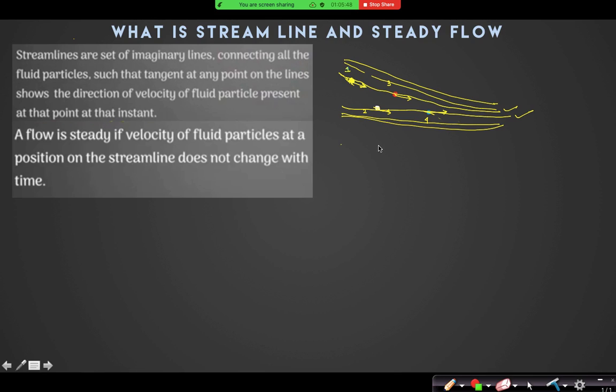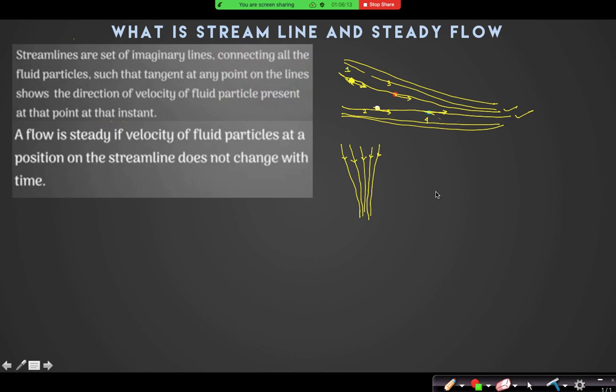Sir, I have a question. Yes. So this streamline is for a particular time? Yes, now I will come to the part of time. If it is a steady flow, you will find that the shape of the streamlines is always in this way. Yes or no? Yes, sir.